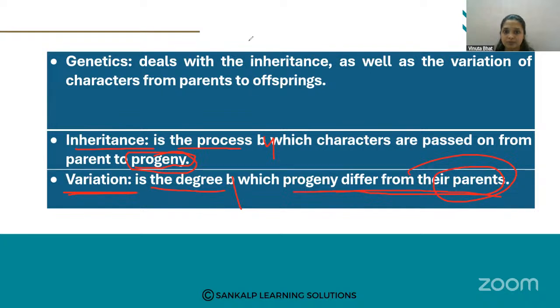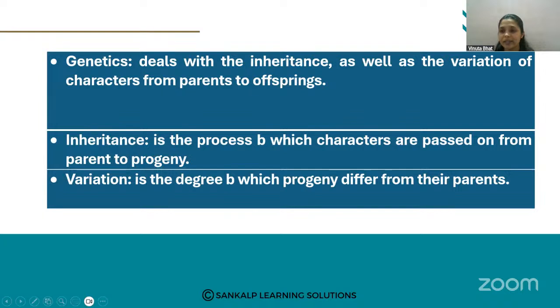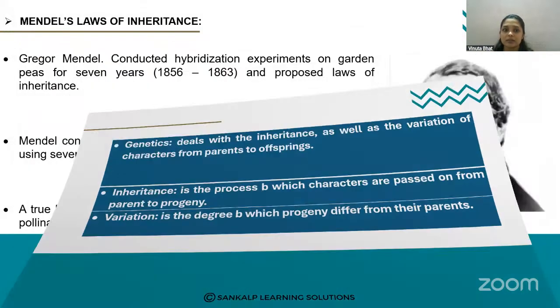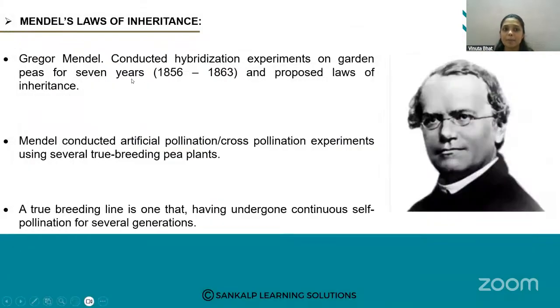Here, the scientist who studied inheritance and variation is Gregor Johann Mendel.